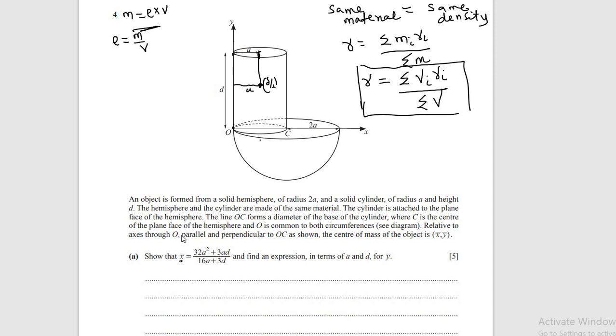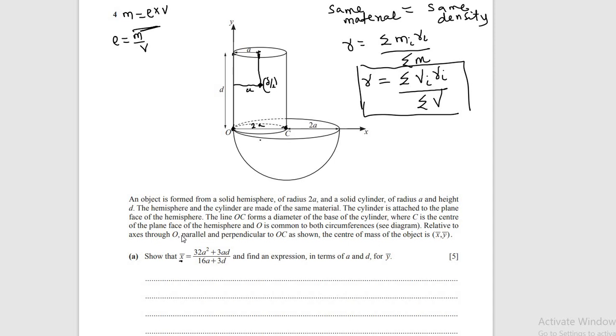And for the hemisphere, the center of mass for the X axis, the horizontal axis, from here to here is 2A. That's the center.